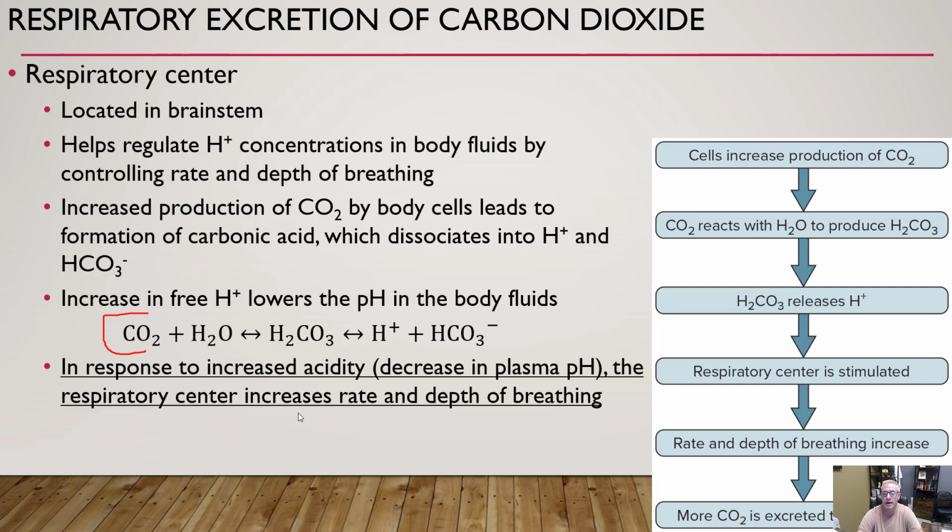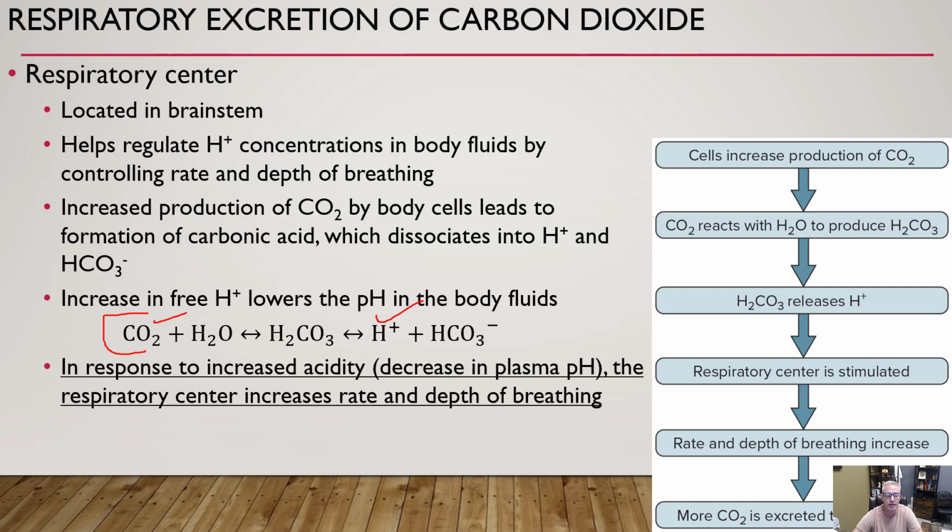That means we have a high hydrogen content. That means we have a high carbon dioxide. We can increase our rate and depth of breathing so we can blow out some of our carbon dioxide, which means if we blow off some of our carbon dioxide, we're also going to get rid of some hydrogen ions as well. We're going to alter that equation.